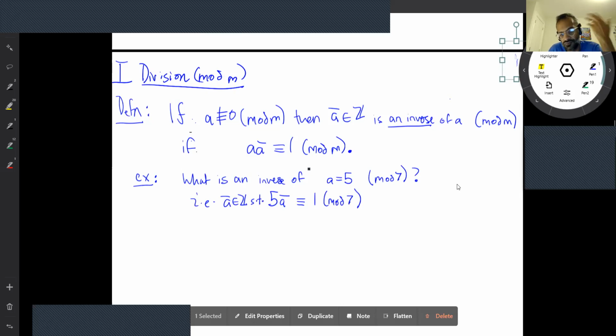I'm mimicking what we do for division over the real numbers, right? So this is not a congruence. I'm saying what is an inverse of the number a equal to 5 modulo 7? So what I've defined here is the concept of inverse of a number mod m. So here a equals 5, I'm defining a and saying I want to look at the inverse of that number, mod 7. Is that okay?